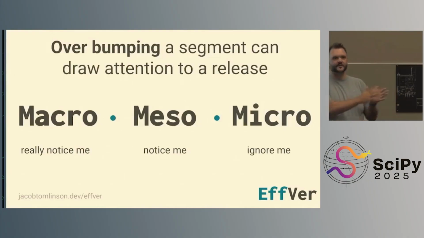So as well as saying you're going to have to do work, either none, a little bit, or a lot, you're also saying ignore this version and adopt it blindly, or maybe read the changelog of this version, or you really, really need to read the changelog of this version and spend some time on it.